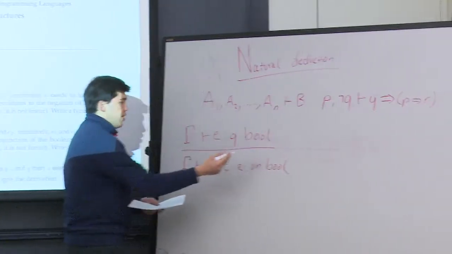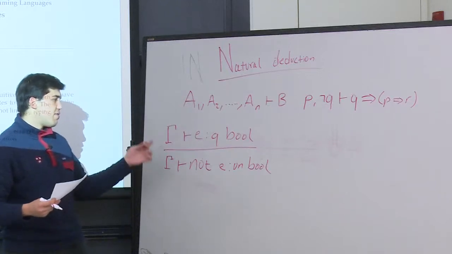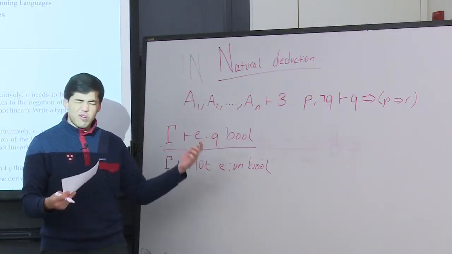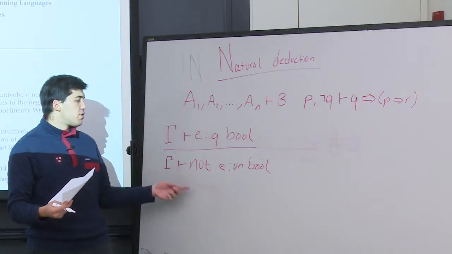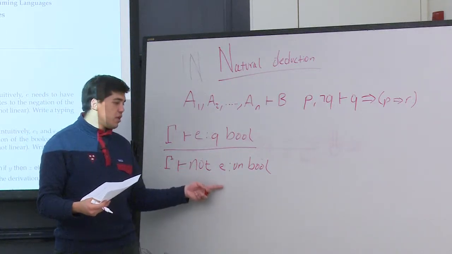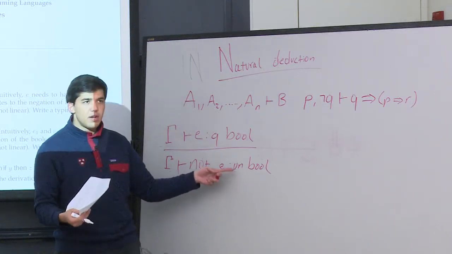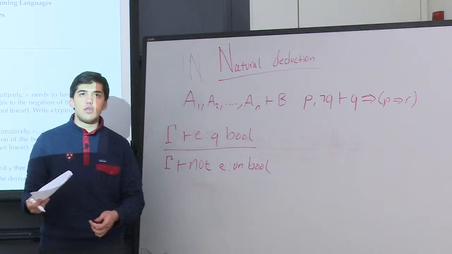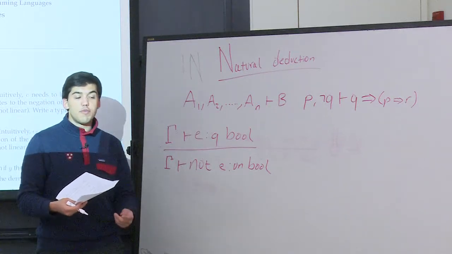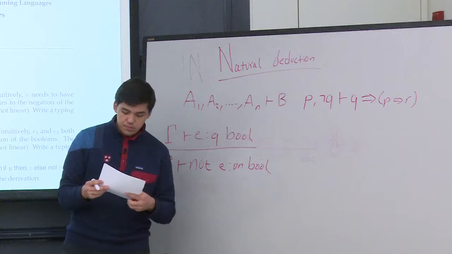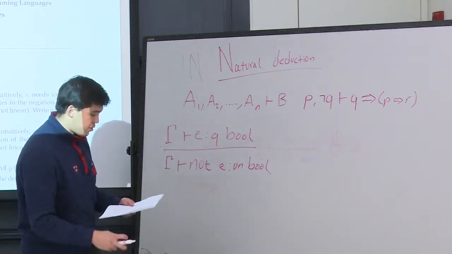So what does this say here? This says that if in our context gamma we have an expression E that has type Q bool, where Q can be linear or unrestricted, then the not of that expression will have a qualifier as unrestricted. So it can be used not at all, only once, or more than once. And that's Boolean.